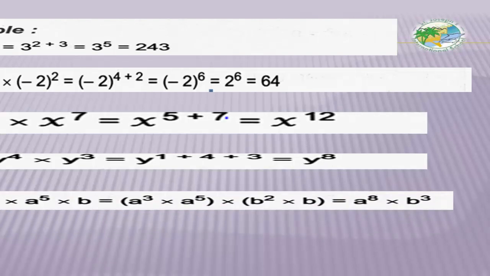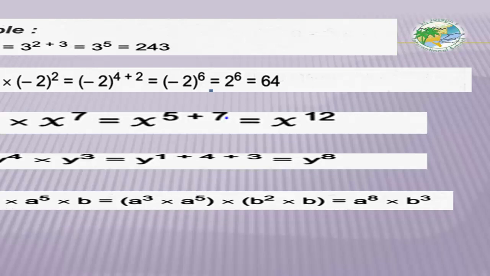If we have a power 3 times b power 2 times a power 5 times b. Where here we take the a's together and the b's together? We use commutativity for the equal bases, which are a power 3 times a power 5, commutative together.